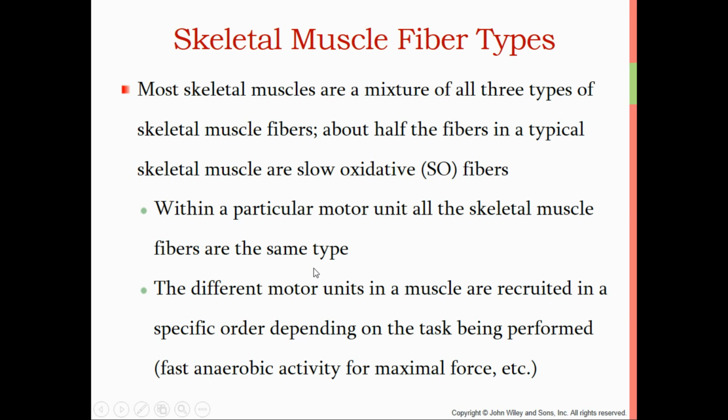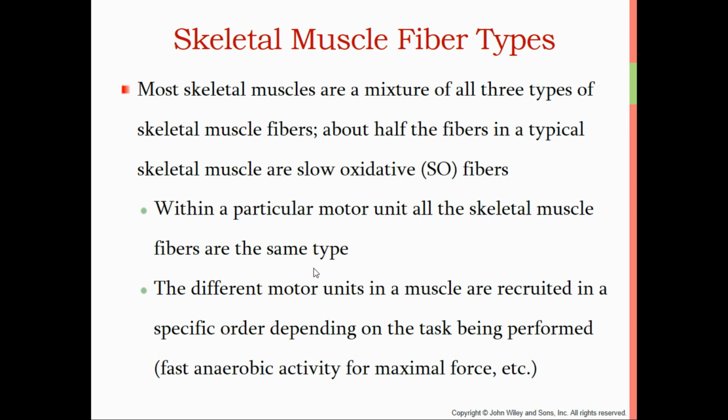Most skeletal muscles are a mixture of all three types of skeletal muscle fibers in human beings. About half of the fibers in a typical skeletal muscle are your slow twitch red or your slow oxidative fibers. Within a particular motor unit, all skeletal muscle fibers are the same type. So that means neuron A is only going to be controlling fast twitch red.